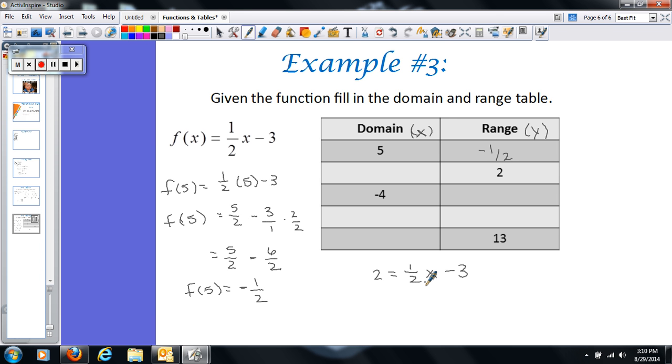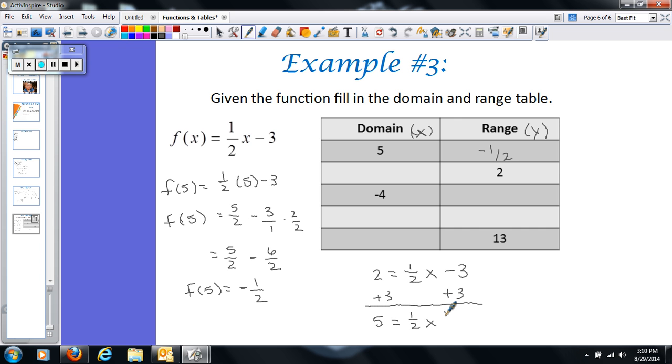So you just get rid of everything in reverse order. If I was simplifying, I would do multiplication first, then subtraction. So when I'm solving, I'm going to get rid of subtraction first, then I will get rid of multiplication. So I get rid of subtraction by doing the opposite operation, so I'm adding 3 to both sides. This gives me 5 equals 1/2 x.